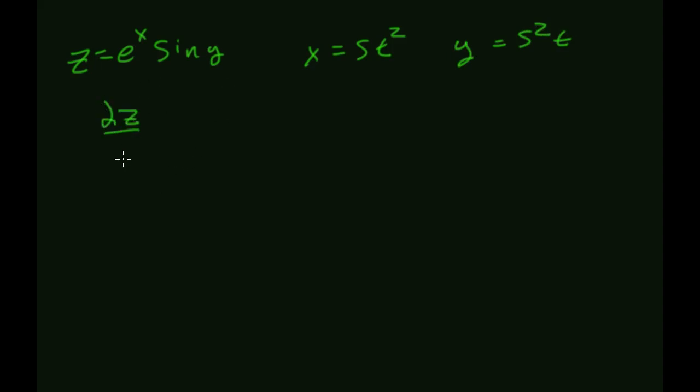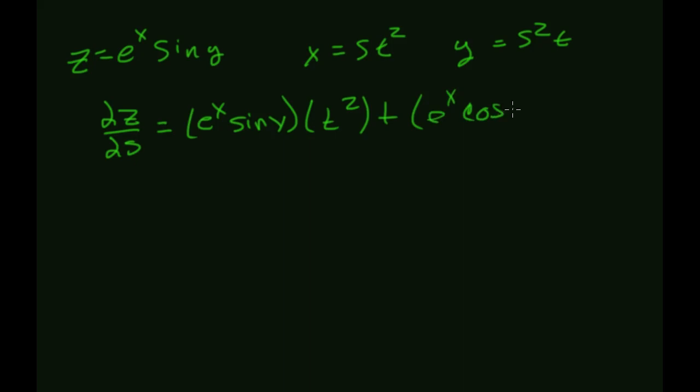So the partial of z with respect to s is the partial of z with respect to x, which is just e to the x sine y, times the partial of x with respect to s, which is just going to be t squared, plus the partial of z with respect to y, which is going to be e to the x cosine y, and the partial of y with respect to s is going to be 2st.